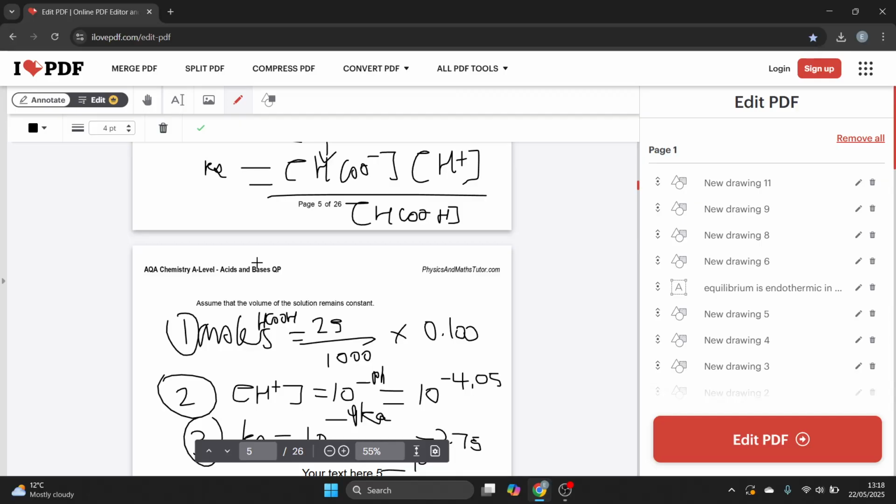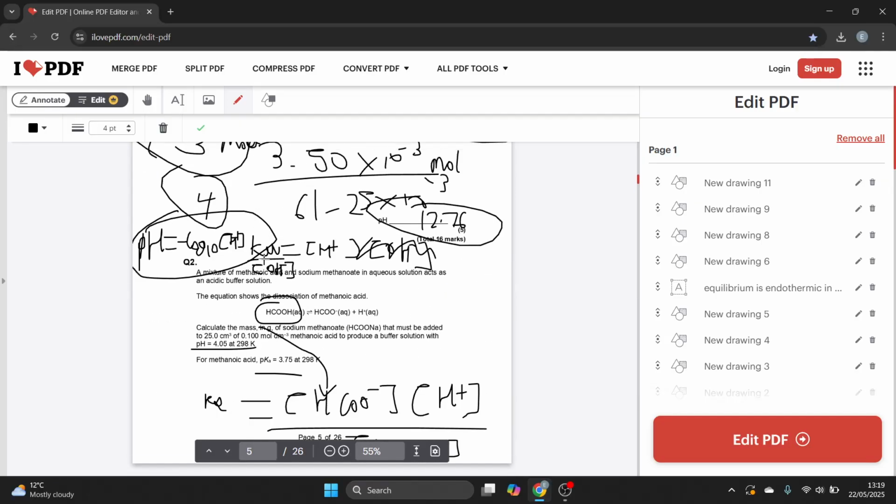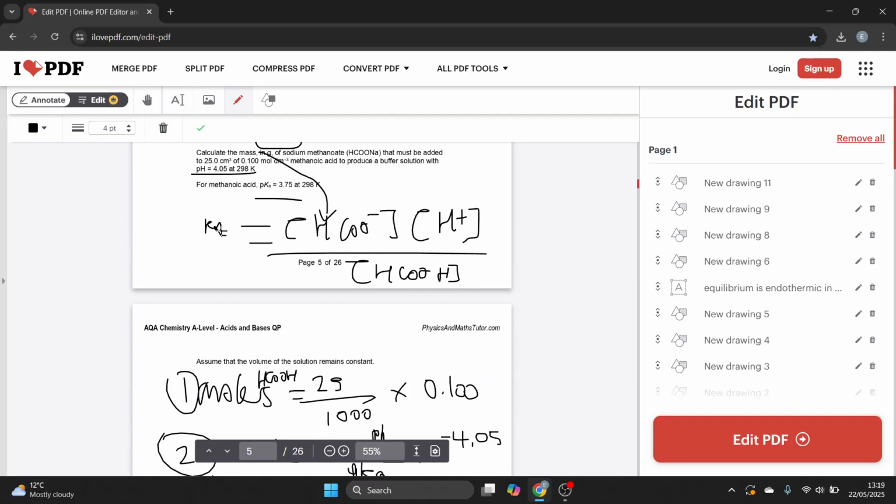No, I've got the moles. Can I work out the concentration? Yes, I can, very easily. Do I have Ka? Yes, I do. Do I have the concentration of H plus ions? Yes, I do. So now it's just putting it in your calculator.